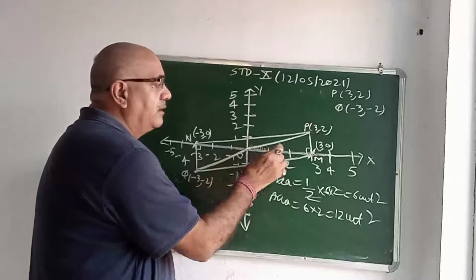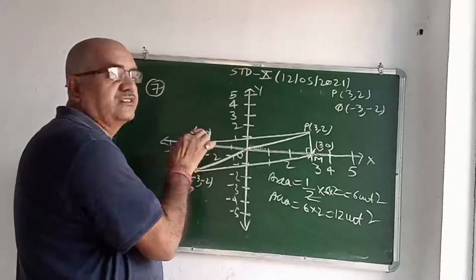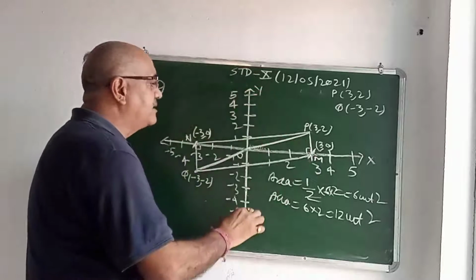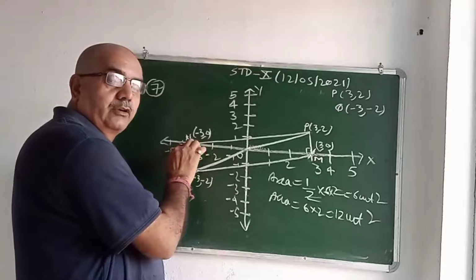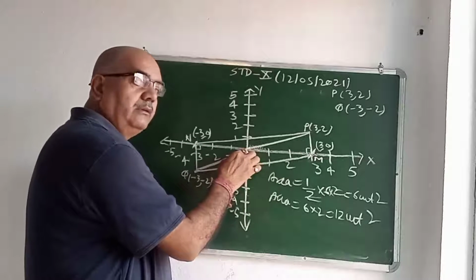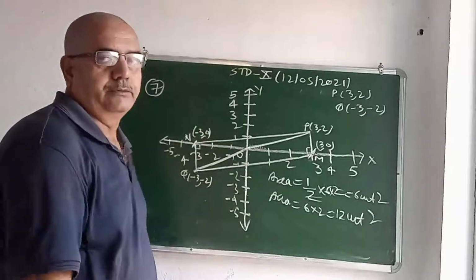This distance is the object and this distance is the image. The same point, (-3, 0). So when M is reflected through the y-axis, we get (-3, 0), and when it is reflected through origin, in this case also we get the same point, (-3, 0).